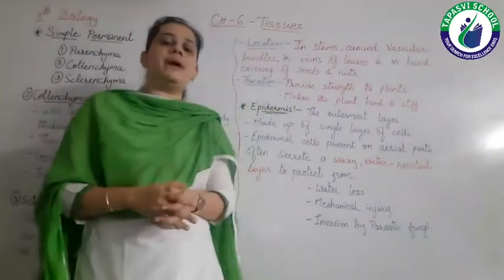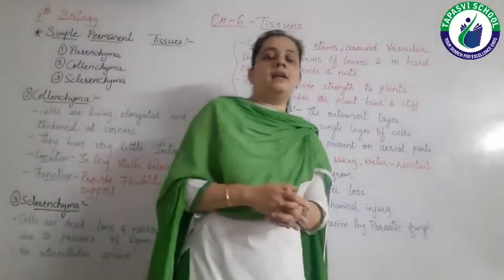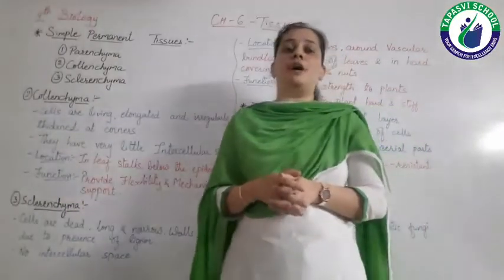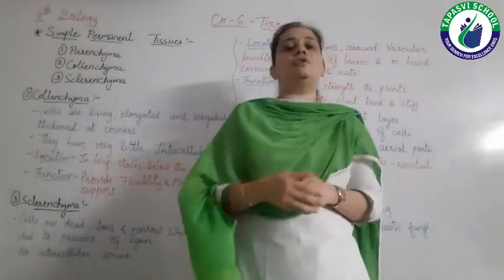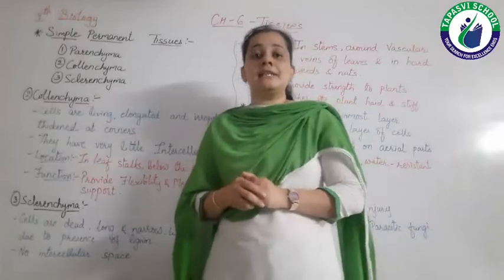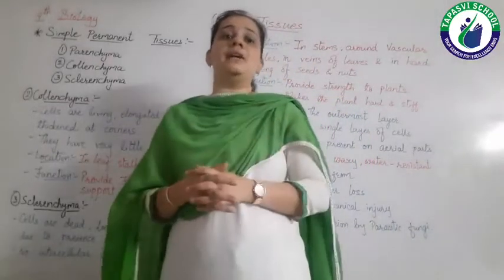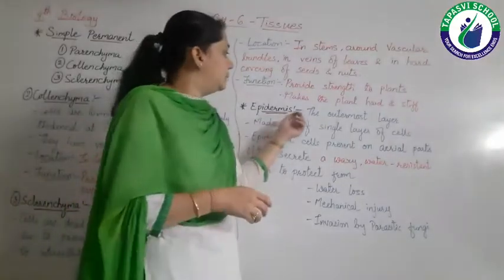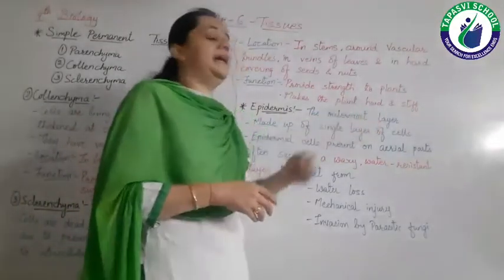Now if you remember, I told you that the parenchymatous tissue is generally found below the layer of epidermis. So now let's see what is the meaning of epidermis. Epidermis is nothing but the outermost layer.